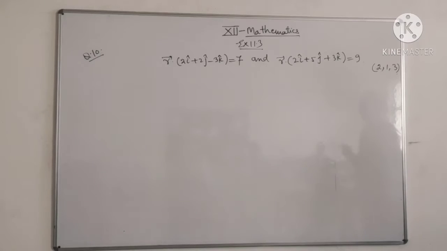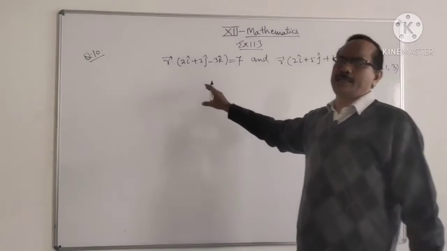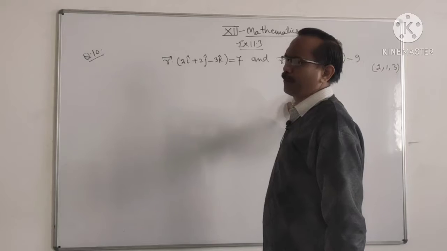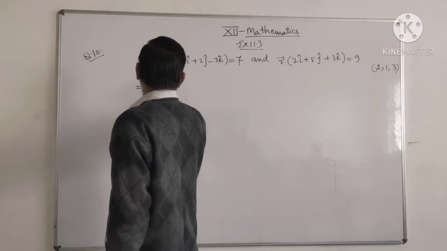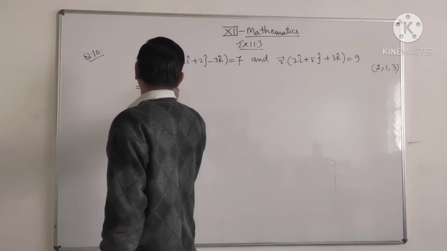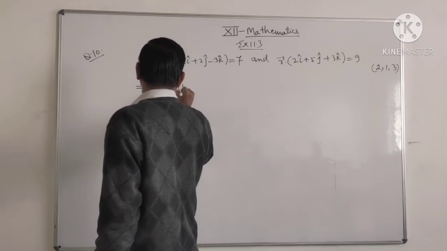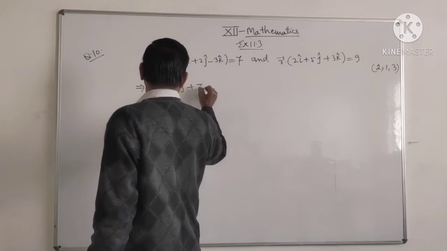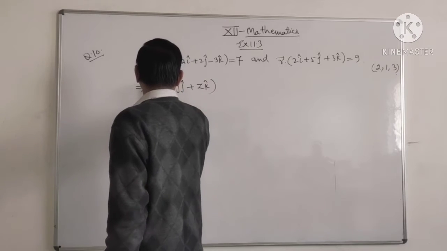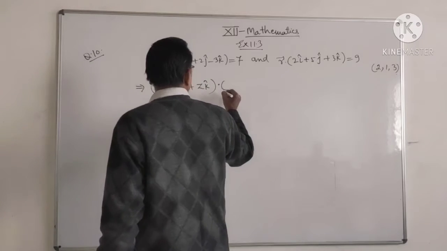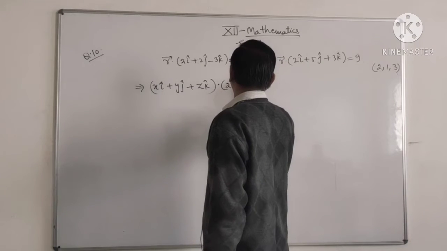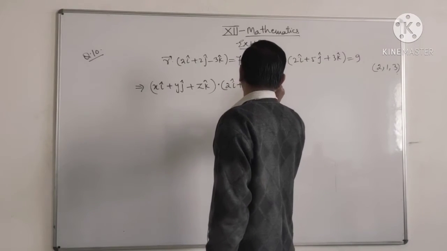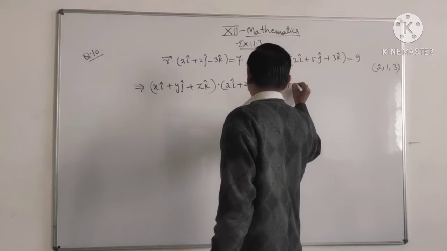Student, we can write these equations into the Cartesian form. So it is R vector is xi plus yj plus zk dot 2i cap plus 2j cap minus 3k cap equal to 7.